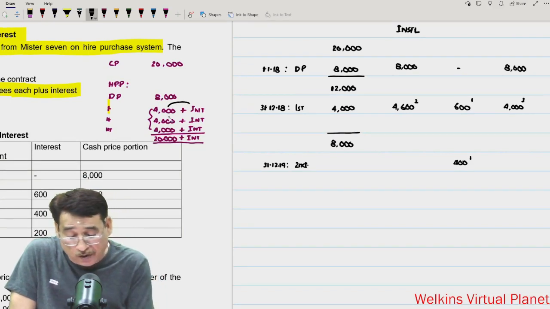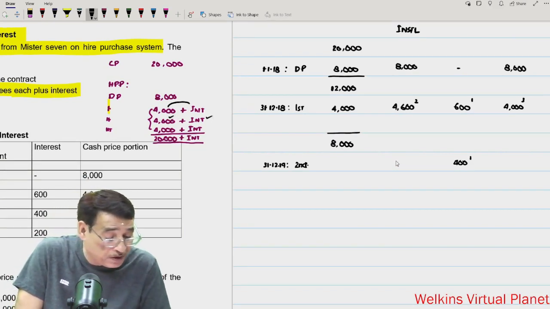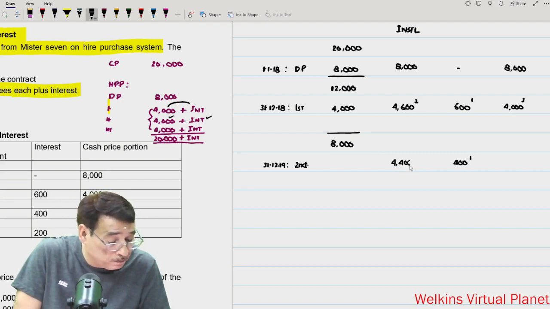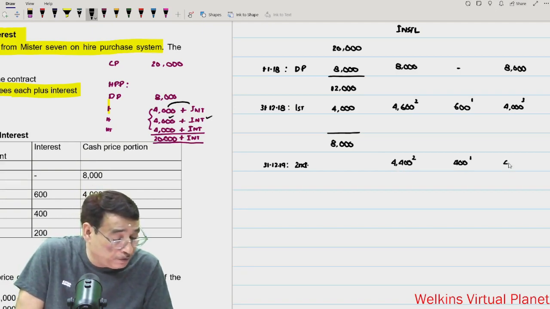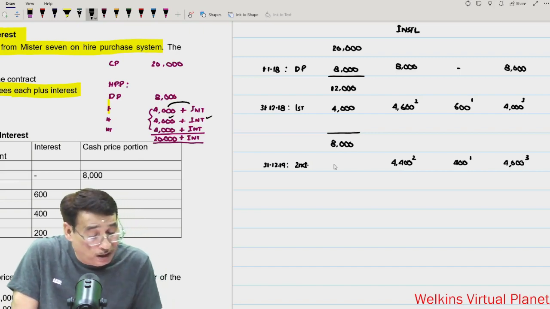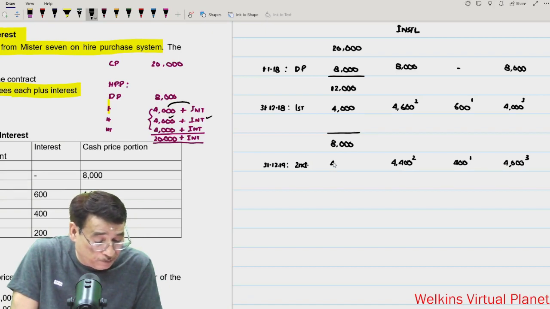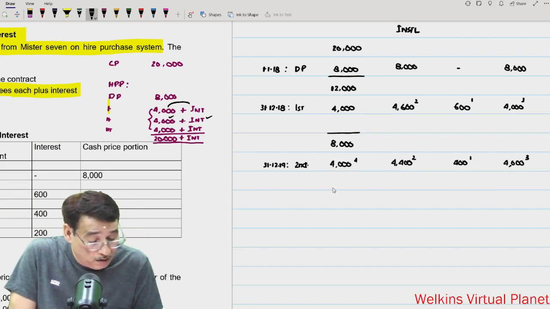Now your second installment will be 4,000 plus interest, that is equal to 4,400. Clear? Subtract 400 from 4,400, and you will be left with 4,000. Now you subtract 4,000 from here and you will be left with 4,000.